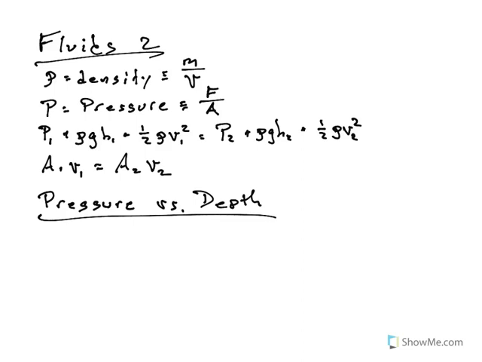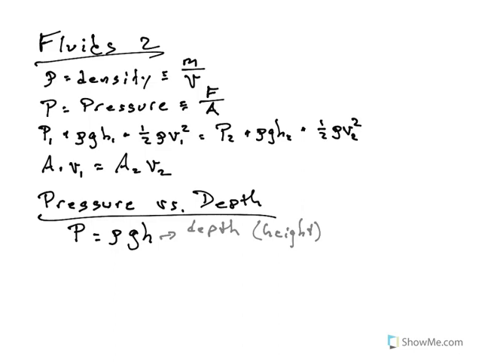So the equation that tells you how much pressure there is at a certain depth is given by rho G H. So H, of course, being the depth or the height. Of course, we usually think of it as depth because we're thinking of going down in height rather than up in height. And so that's the equation.